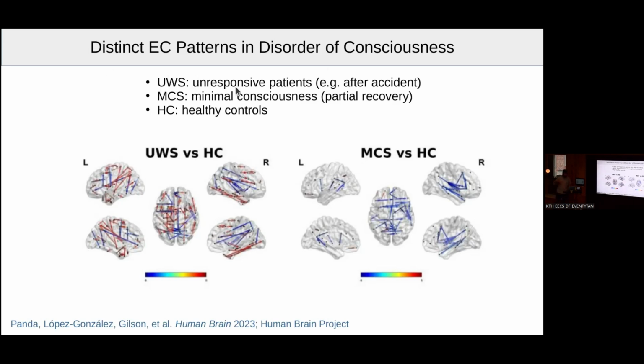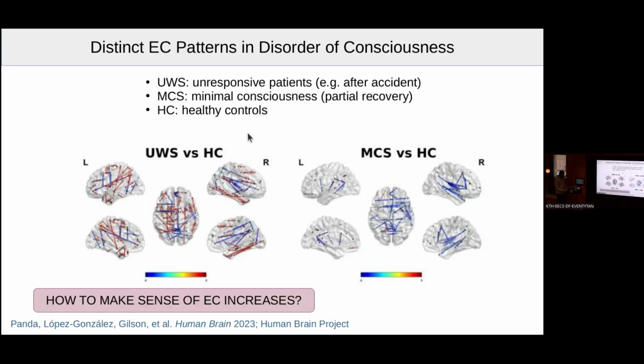And then they're in the so-called unresponsive state, so deep coma, and they can't respond to stimuli by the staff. And then after a few days, a few weeks, they can recover and have minimal consciousness, which means that they can have some limited but still interaction with the staff. And we also had a cohort of healthy controls for comparing with them.